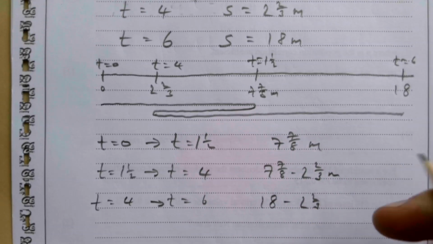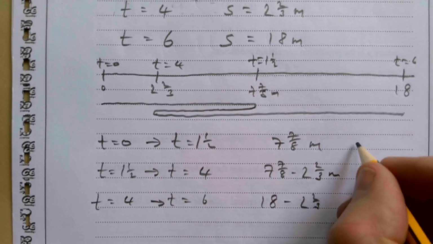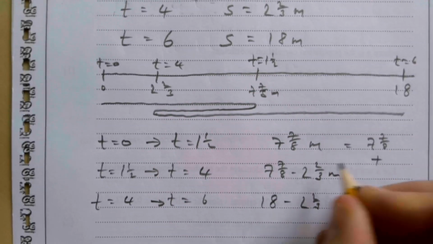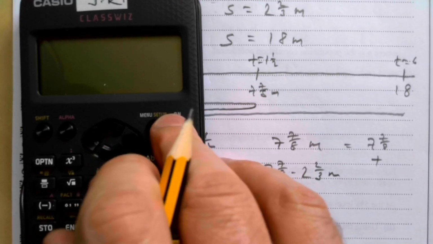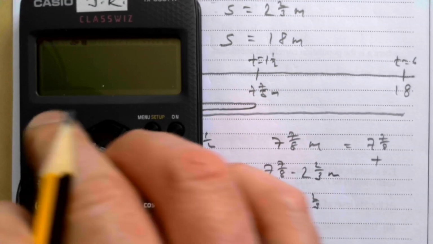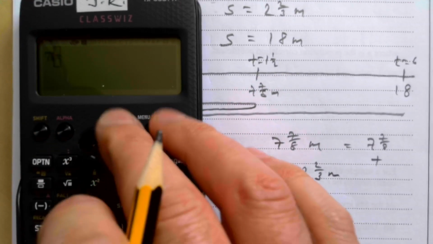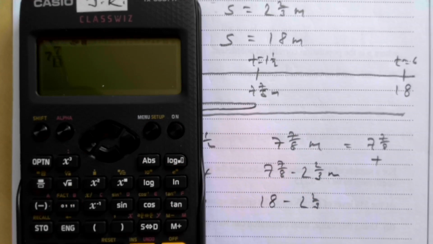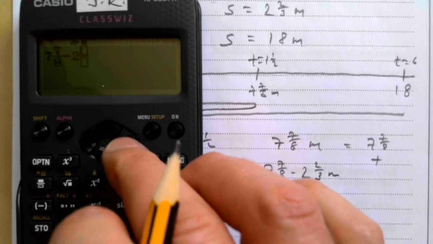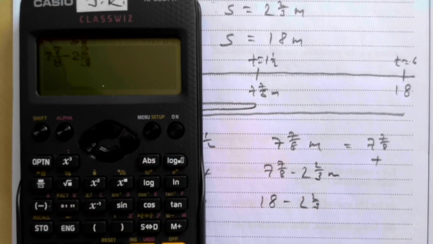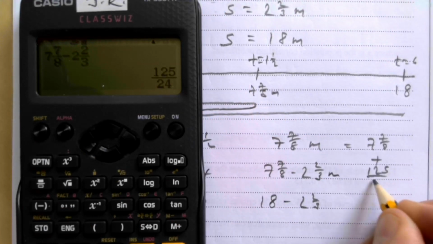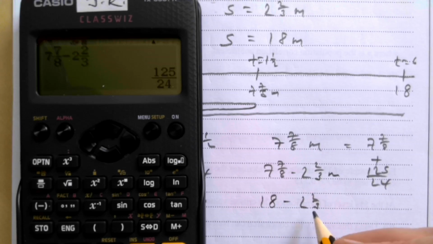So if we add those distances up, 7 and 7/8 plus 7 7/8 take away 2 2/3. I am terrible at using these calculators, but let's go 7 7/8 minus 2 2/3, and that equals 125 over 24, and then 18 take away 2 2/3.